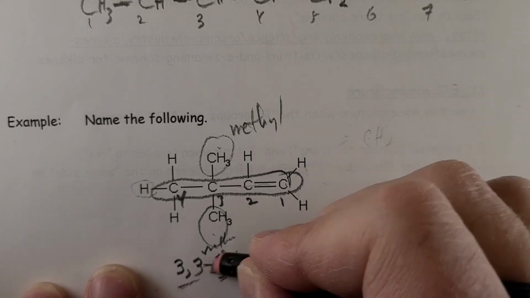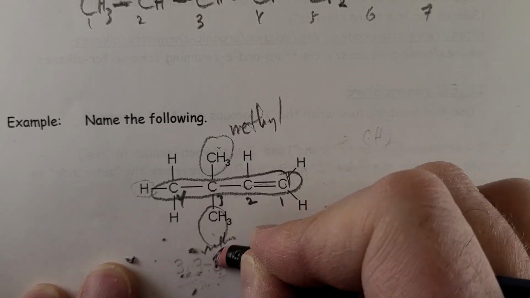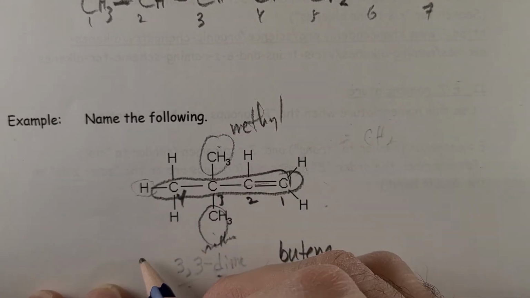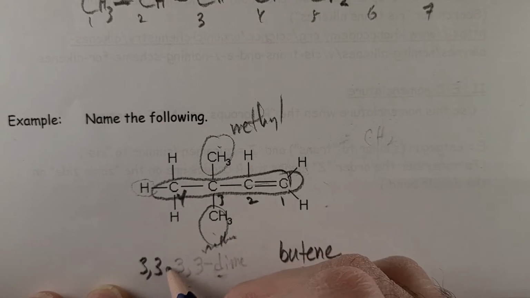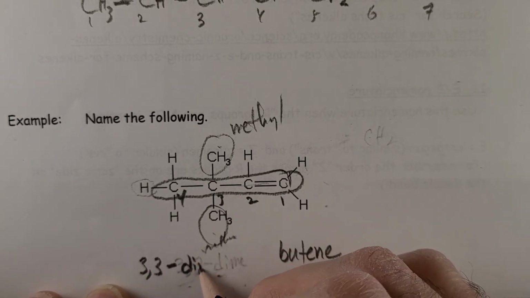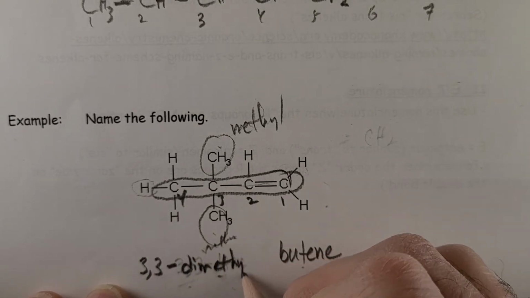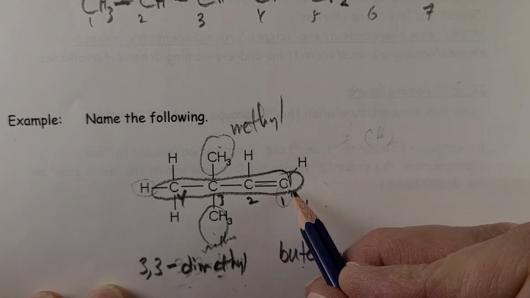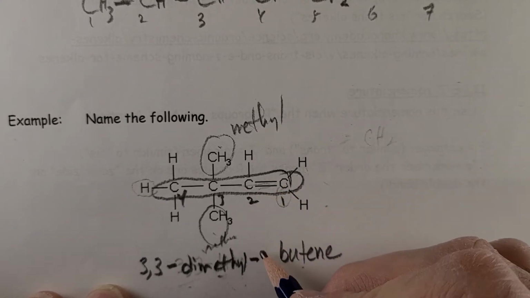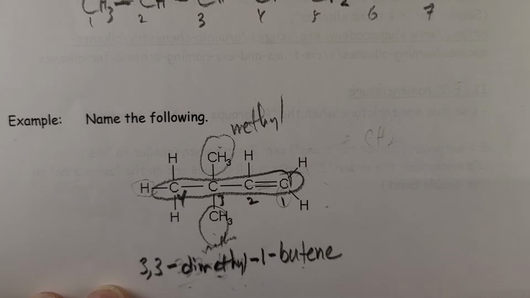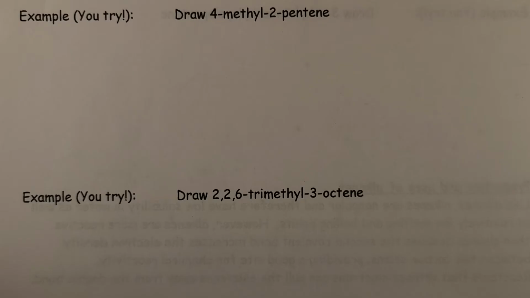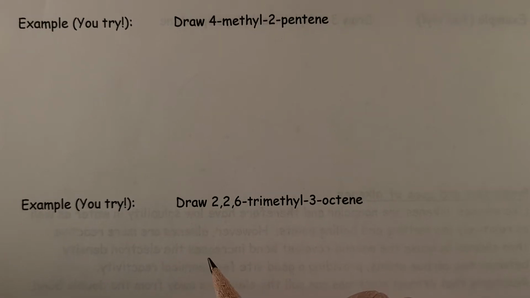I'm going to run out of room here, so I need to move these over just a little bit. So it's 3, 3 dash dimethyl. And then at position 1 is where the double bond starts, 1 butene. So 3, 3 dimethyl, 1 butene. All right, continuing on to the next page.